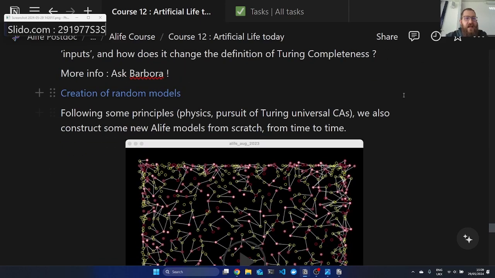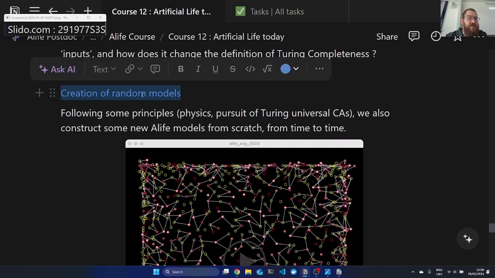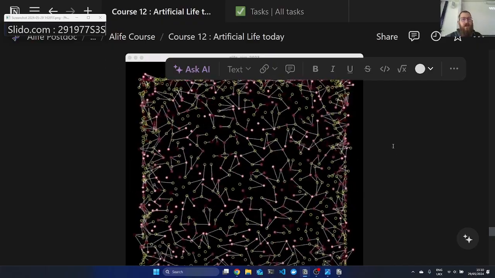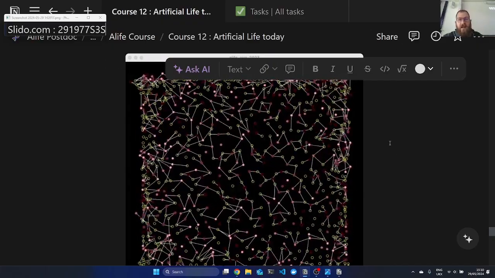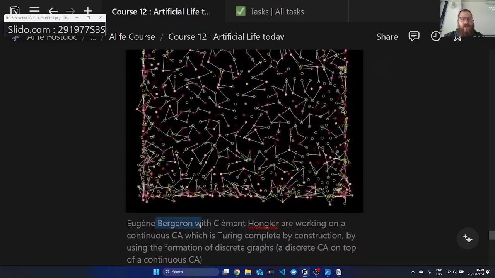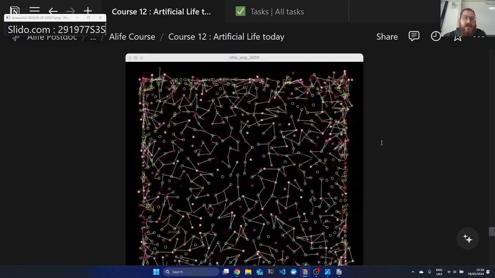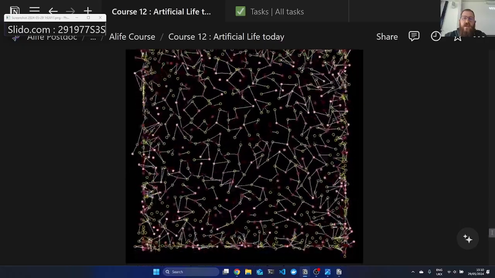And finally, to conclude, there is the creation of random alive models, following some principle, for example physics or Turing universality. We construct some models from scratch. This is one example that a student, Eugène Bergeron, and Clément are working on. This is a continuous alive model.